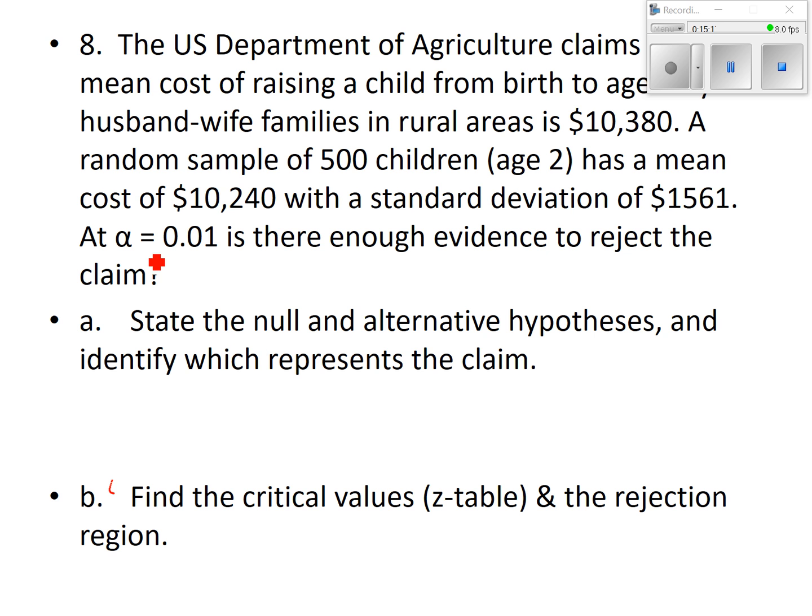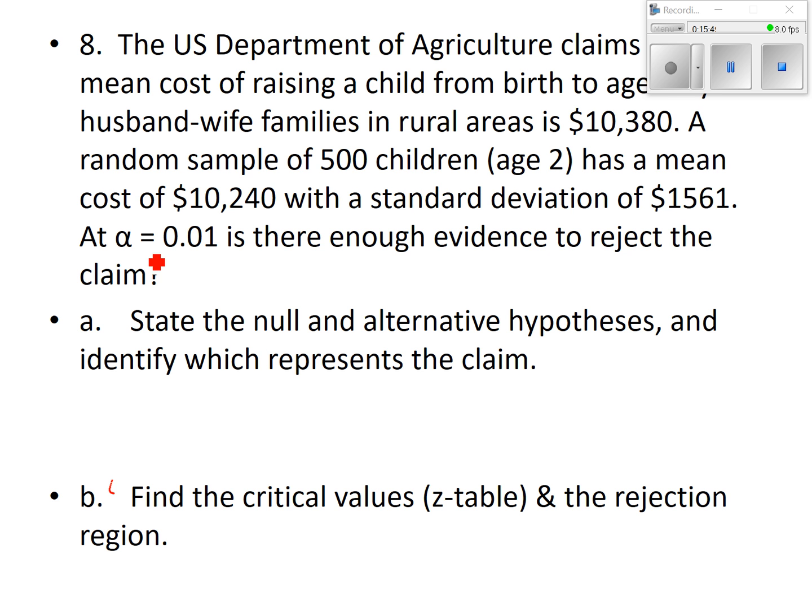So mean cost of raising a child from birth to age 2 by husband-wife families in rural areas is $10,380. A random sample of 500 children has a mean cost of $10,240 with a standard deviation of $1,561. With a level of significance of 1%, is there enough evidence to reject the Department of Agriculture's claim?